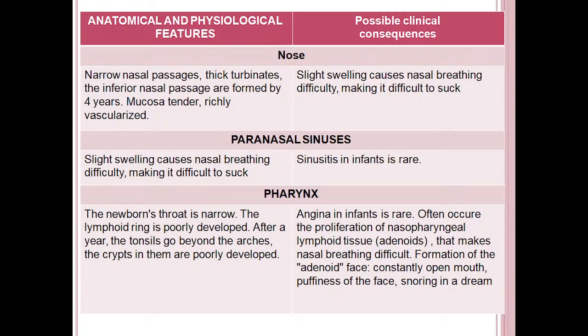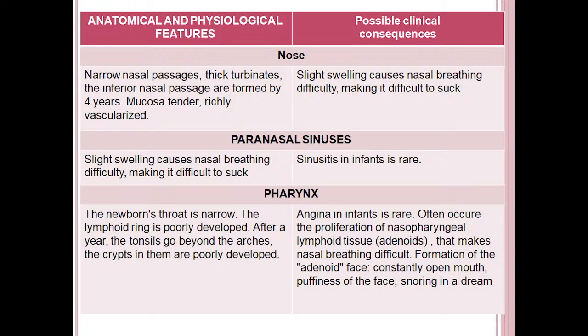Pharynx. The newborn's throat is narrow. The lymphoid ring is poorly developed. After a year, the tonsils go beyond the arches. The grooves in them are poorly developed. And what about the clinical picture?